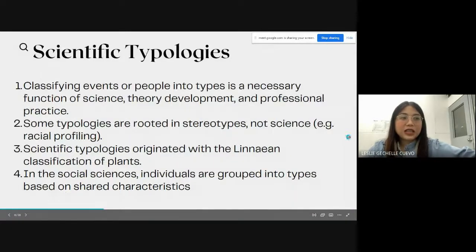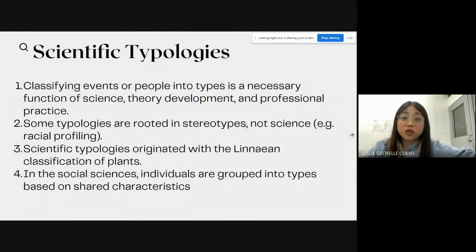Okay. Then we have scientific typologies. So classifying events or people into types is a necessary function of science, theory, development, and professional practice. I remember nung elementary, favorite ko yung subject na zoology.